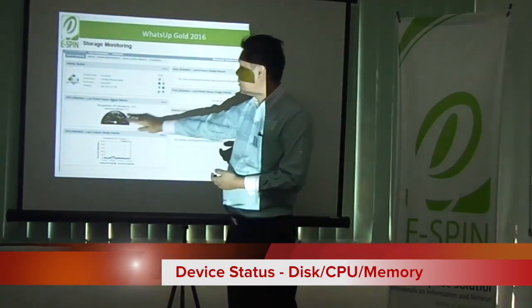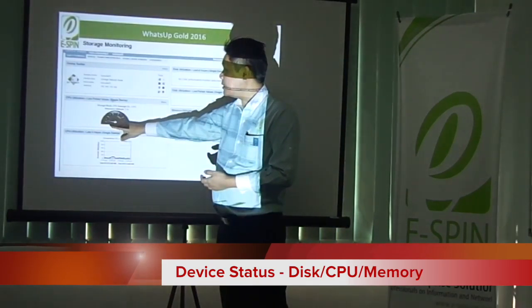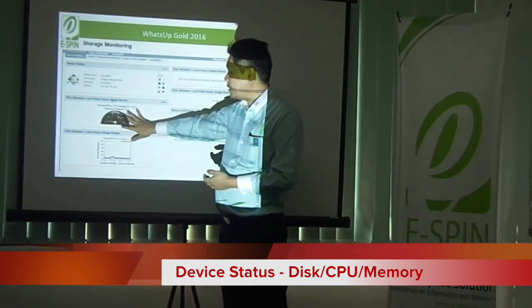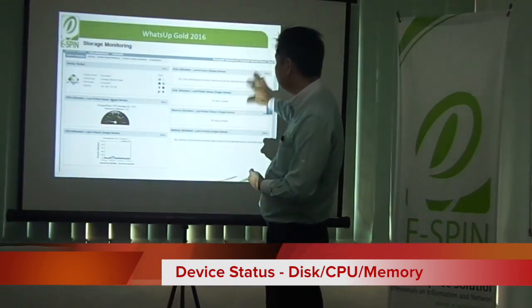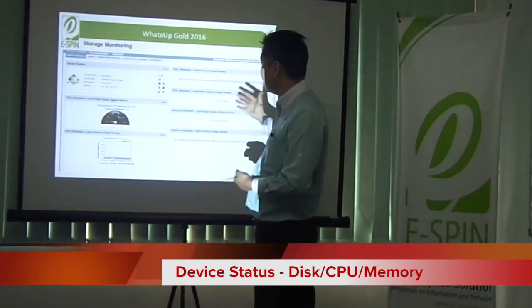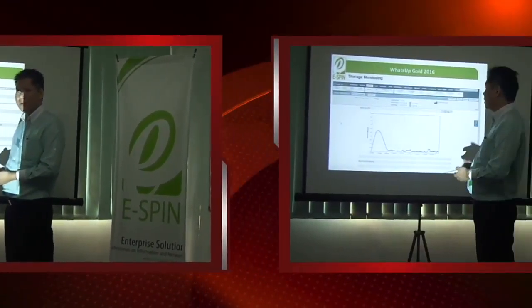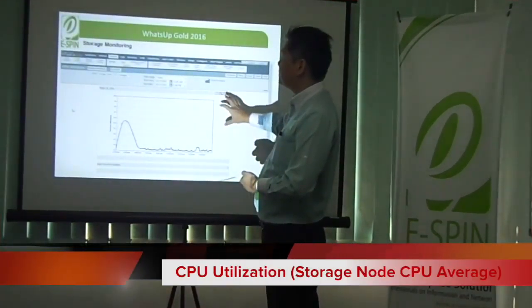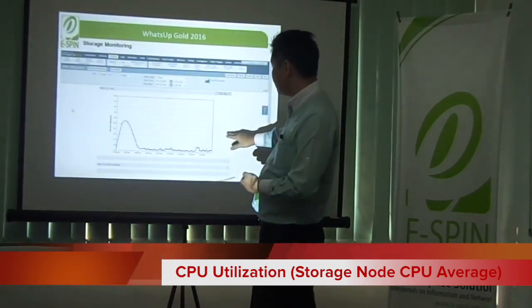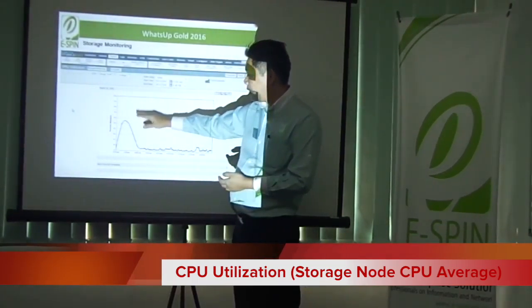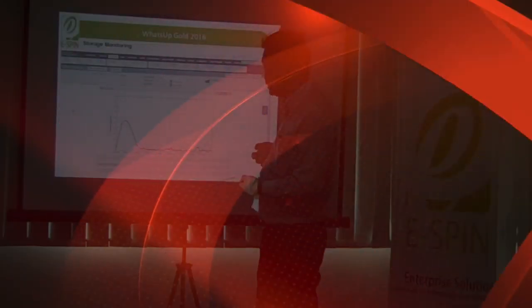You can display the meter for CPU utilization, whether it's healthy, and then you can see CPU utilization. Depending on what you want, you can add it in here as well. CPU utilization by the storage node CPU on average, if you're interested to know how your device has performed along a period of time.